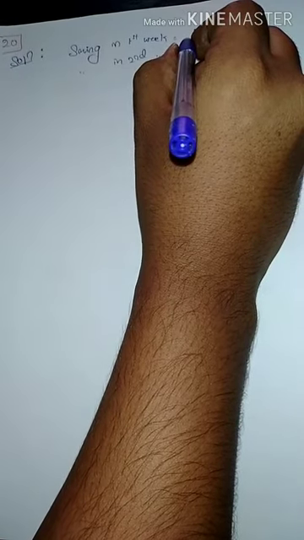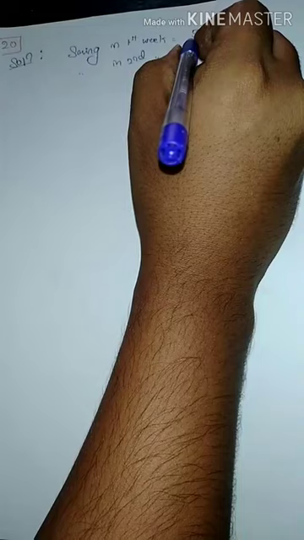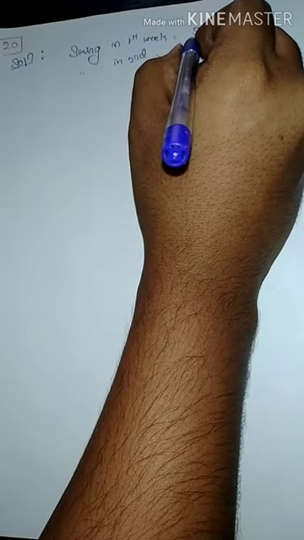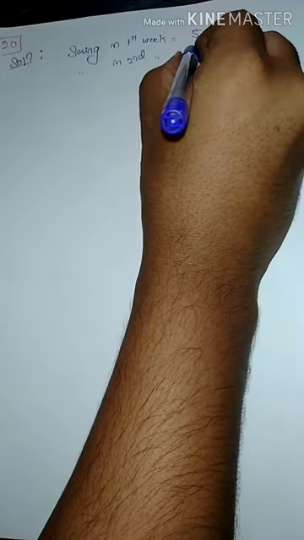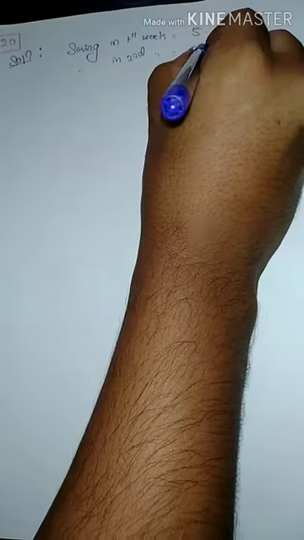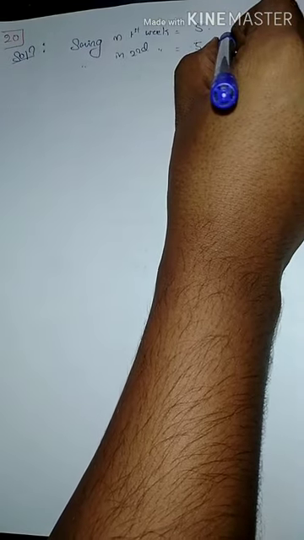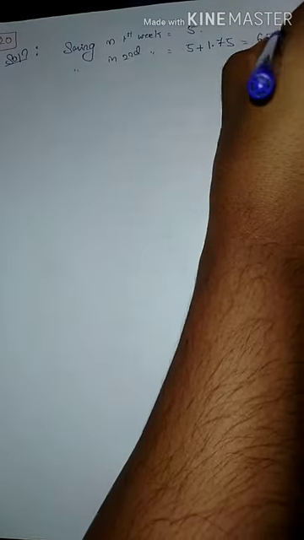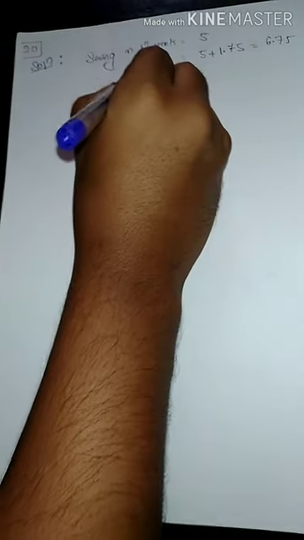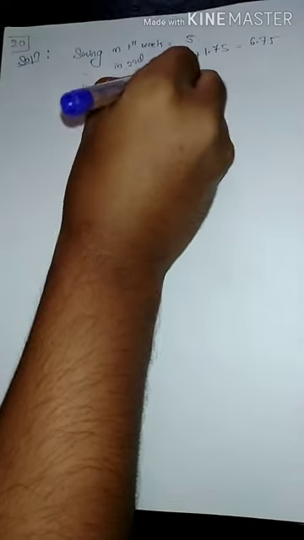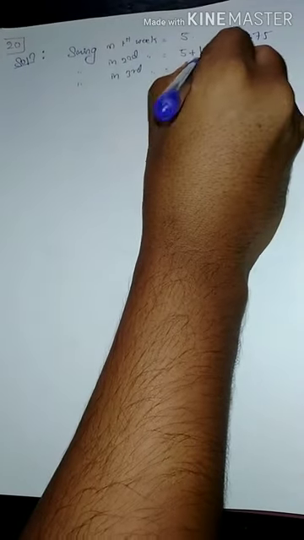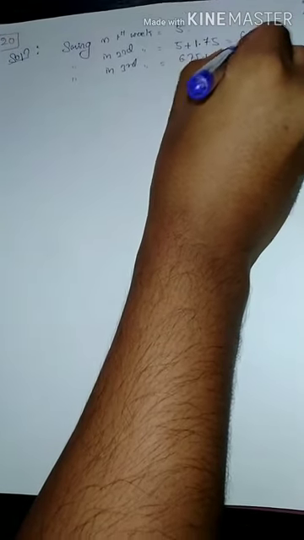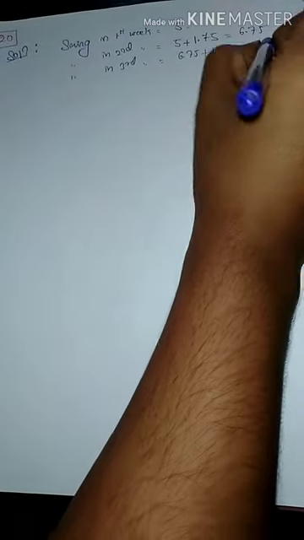See here, Ramkali saved rupees 5 in the first week of a year and then increased her weekly saving by rupees 1.75. So the initial saving is 5, but every week her saving increases by 1.75, which is equal to 6.75. Saving made in third week is equal to 6.75 plus 1.75 is equal to 8.50.